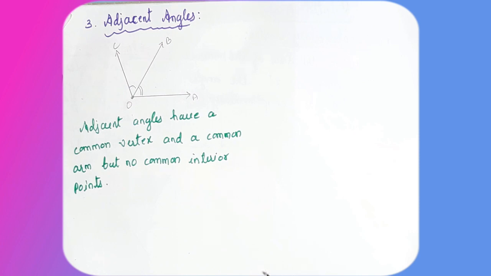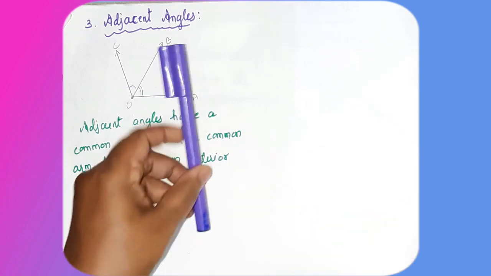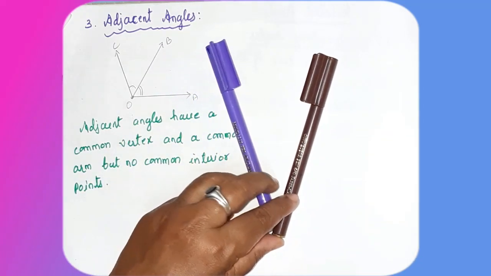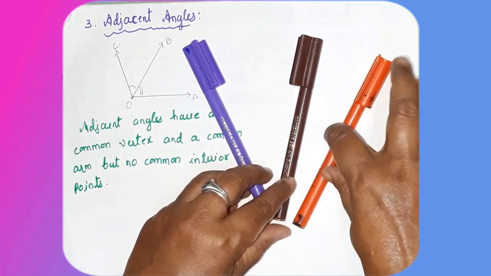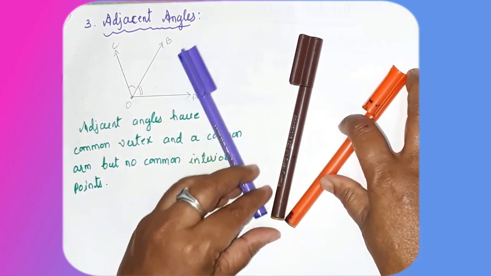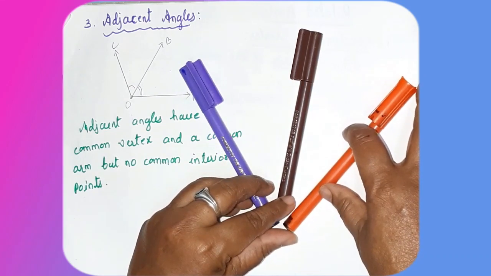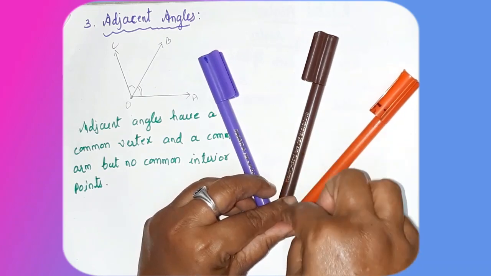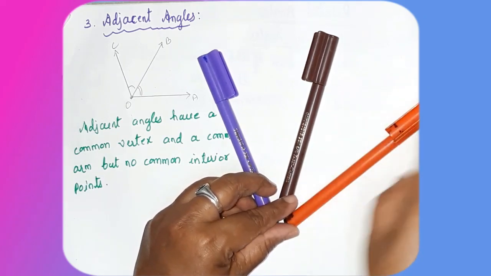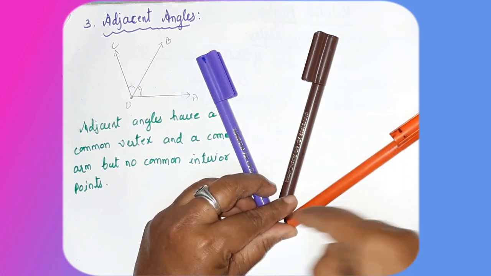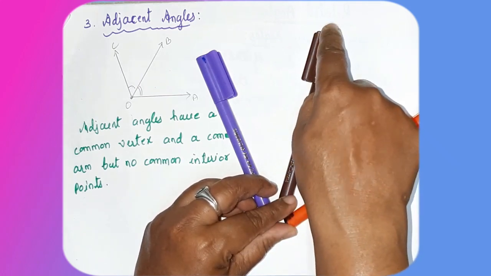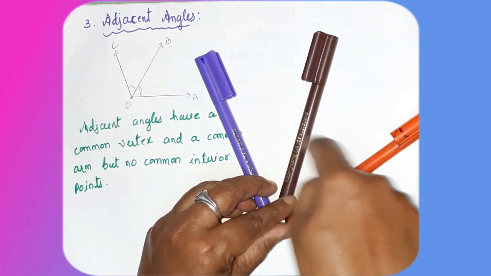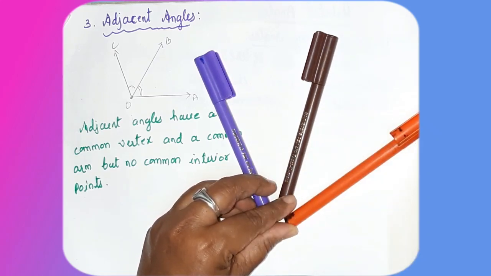Even with the help of these pens I can show you. This point is the common vertex. From this point only these three lines have come, and this is the common arm, but there are no common interior points. So these two angles are called adjacent angles.